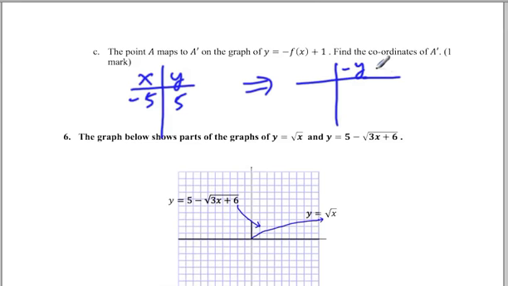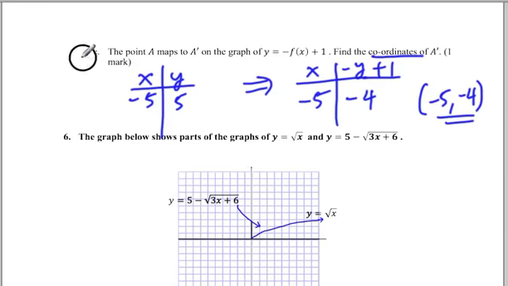It's affecting the y's only, and x does not change at all because there's no other compression or anything like that. So x is simply negative 5, and y is negative 5 plus 1, so that's negative 4. So our answer is negative 5, negative 4. Okay, and that's it for C.